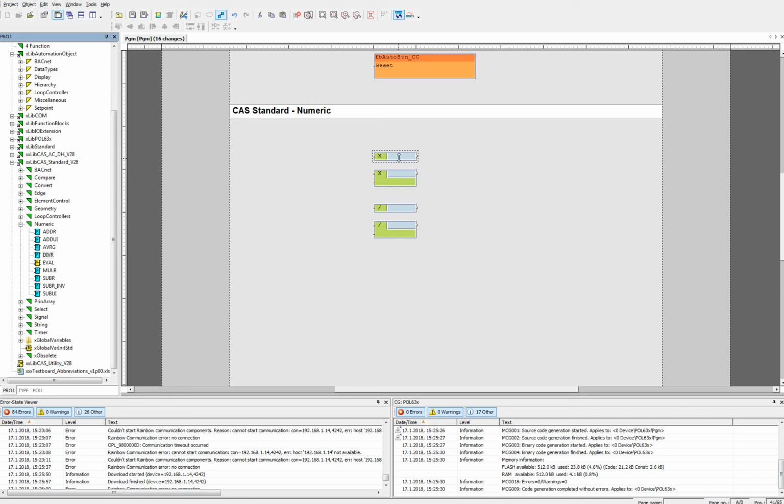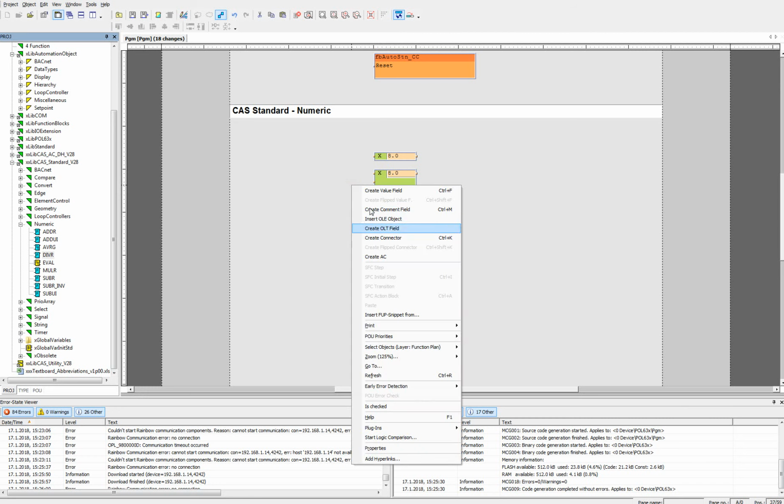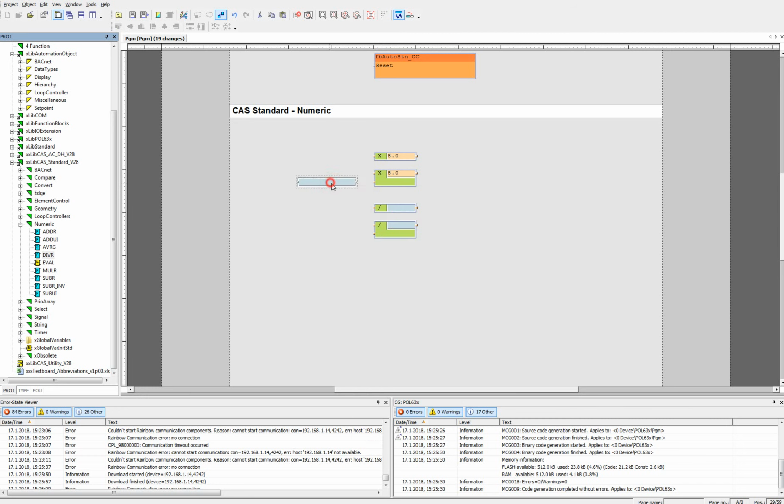Those values are only for real data types, so if it's 8, this 8 is basically the second input, so we can create a value field for 8 like that.